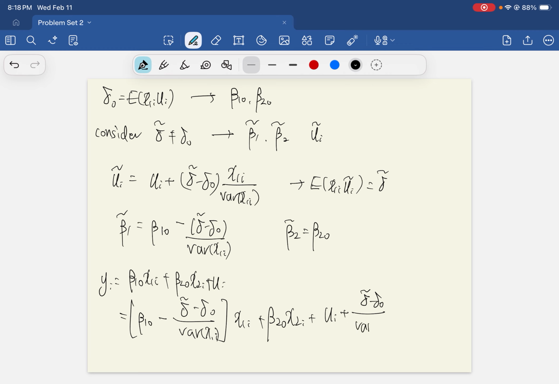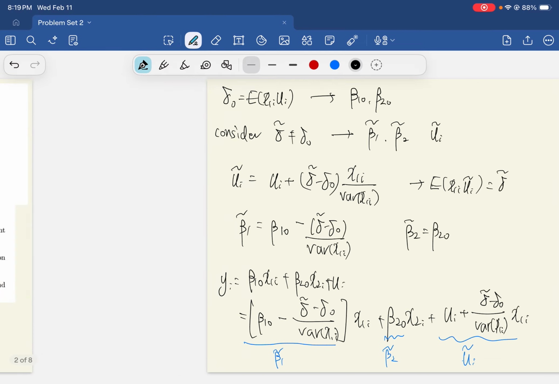I subtract and add the same thing, so equality does not change. But as you see, this is beta 1 tilde, this is u_i tilde, and this is beta 2 tilde. So as we intended, we get the same observational distribution while satisfying all the assumptions.